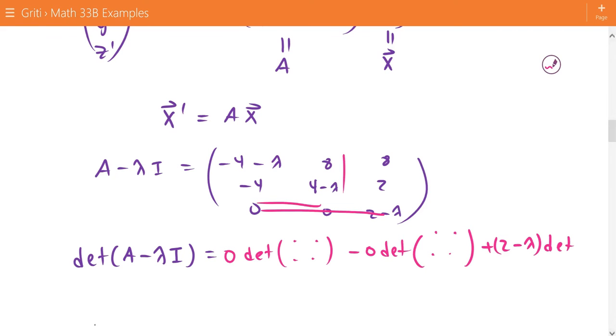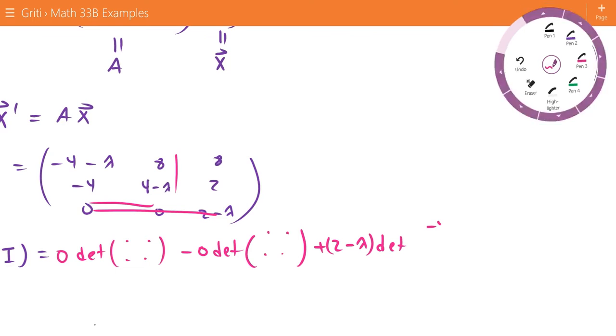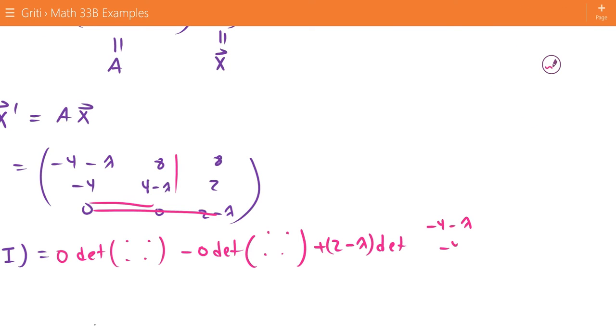So this determinant: negative 4 minus lambda, negative 4, 8, and 4 minus lambda. Sorry, this is positive 4 minus lambda here.